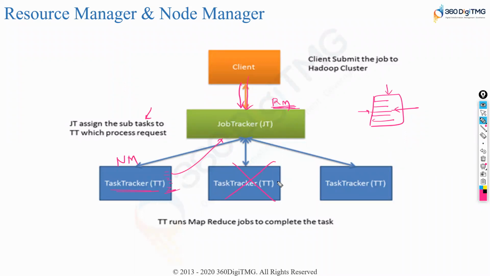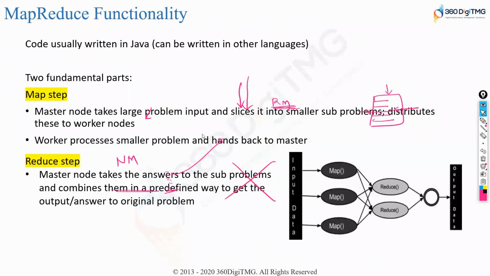In such cases, it will look for an alternative node on which the same transaction can be completed. So that automatic failover of the failed task is taken care of by your resource manager, right? This is basically how your resource manager and node manager work.